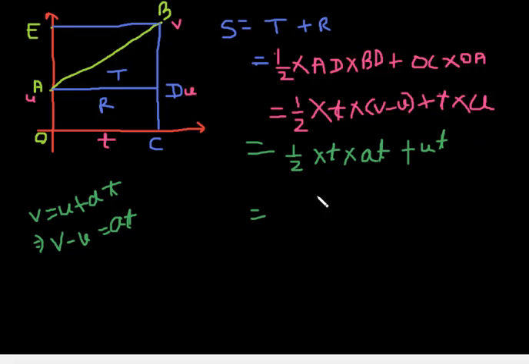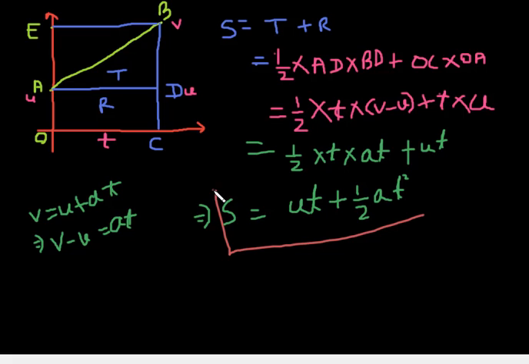If I write UT first, it becomes UT plus half AT into T, which becomes T square. So this is nothing but the displacement. Here we have proved the final result of this graph, which is S equal to UT plus half AT square.